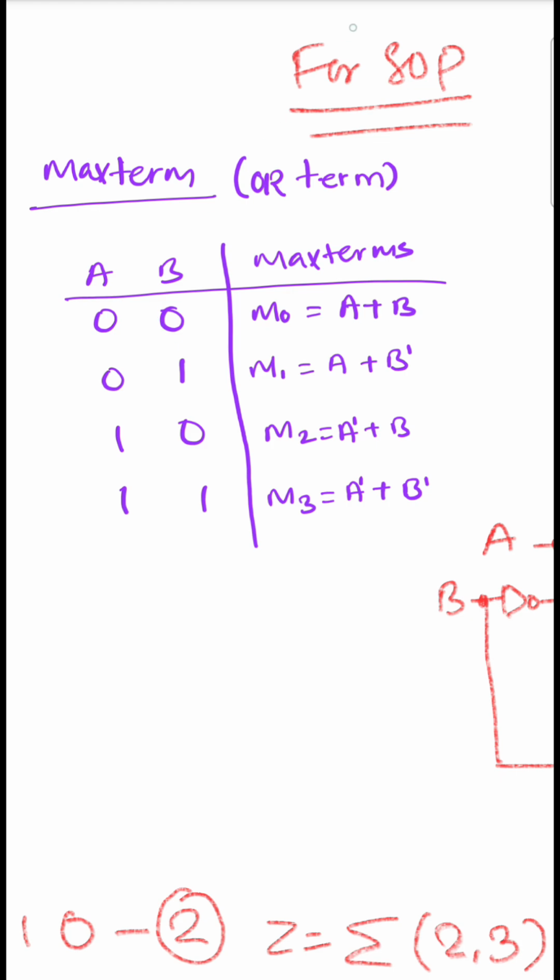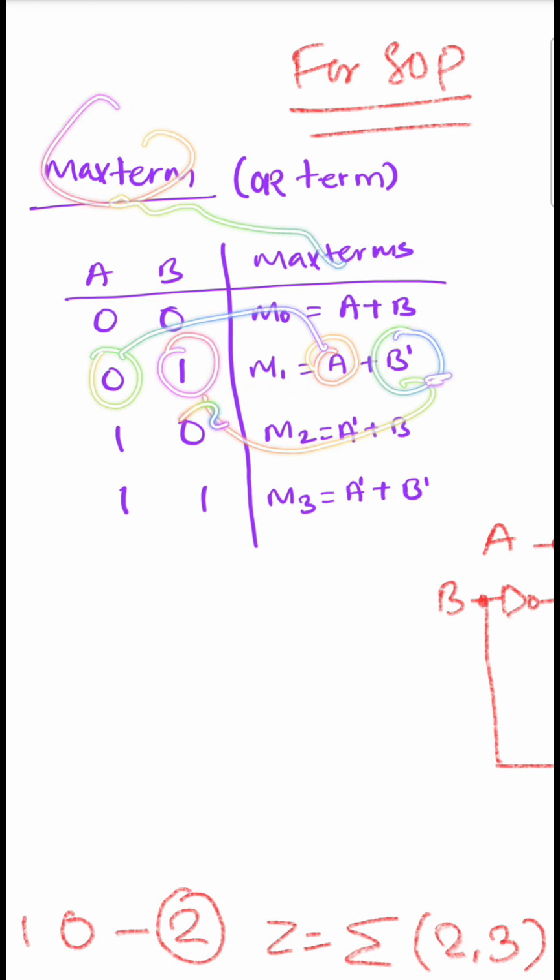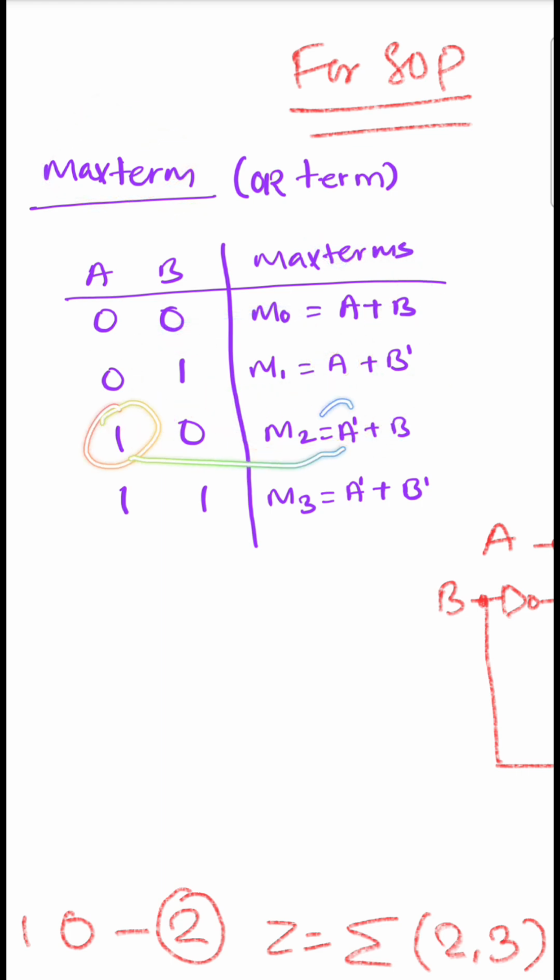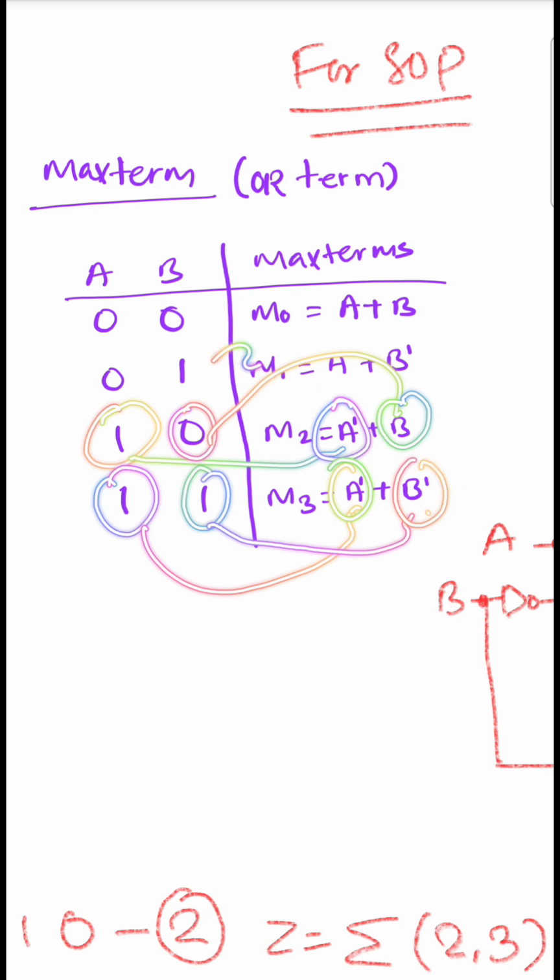So basically 0 means A plus B, because 0 means non-complemented normal variable and 1 means complemented variable. Here in the second case 0 1, 0 means non-complemented variable and 1 means complemented variable. This is only for maxterms. Don't confuse it with minterms. And here you can see 1 means complemented variable and 0 means non-complemented normal variable. 1 means complemented variable, and for B it is the complemented variable.